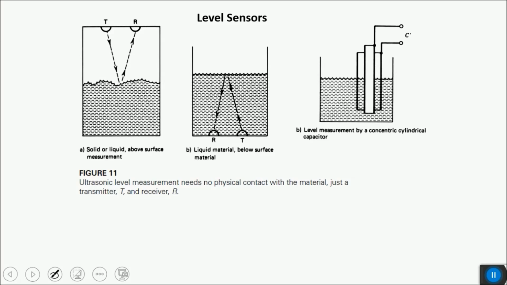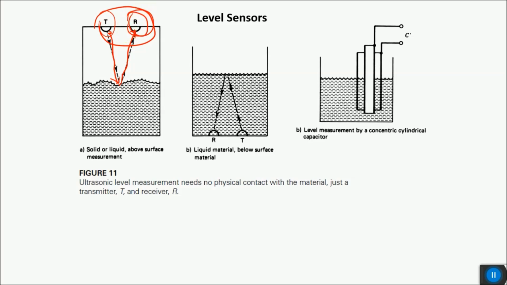We can use ultrasonic or infrared transceivers, one transmitter and one receiver, that send a wave of light or a wave of ultrasonic signal onto the surface of the liquid inside a tank or any reservoir, and then that signal is reflected back and received by the receiver.